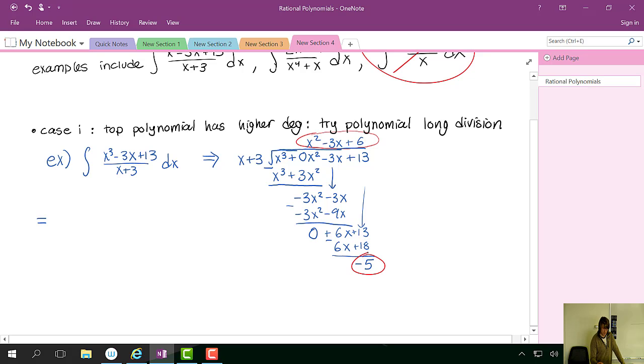So I can rearrange that as saying this fraction equals this plus negative 5 over the original divisor.